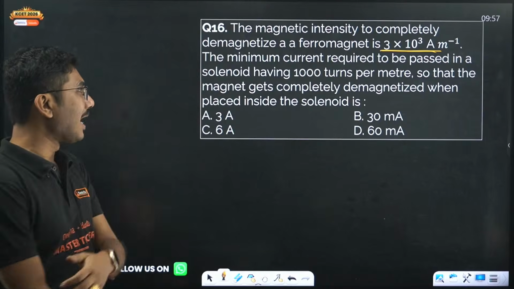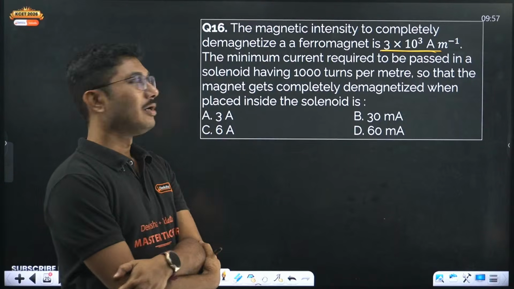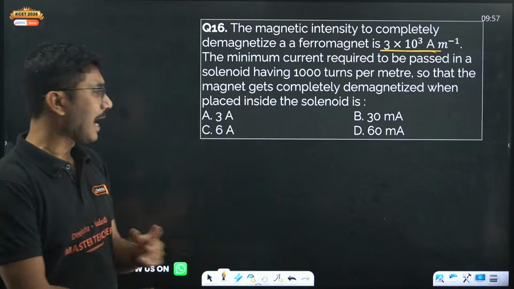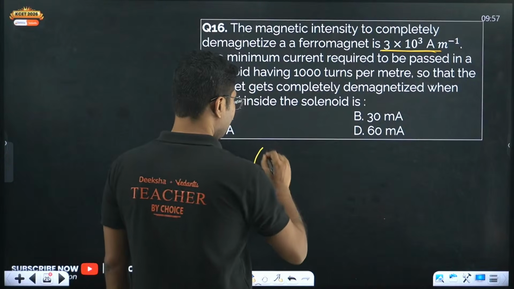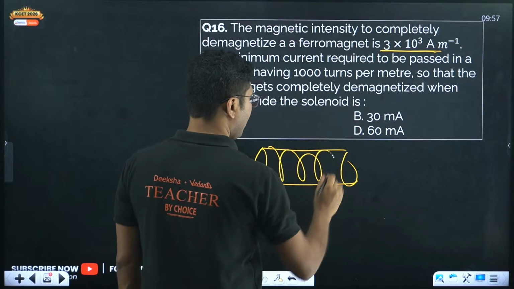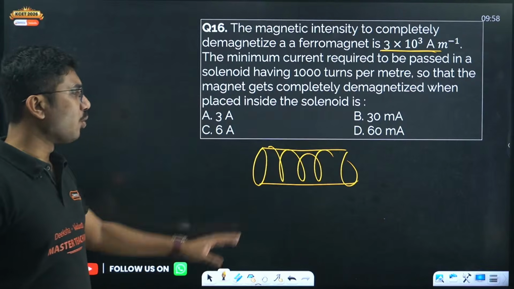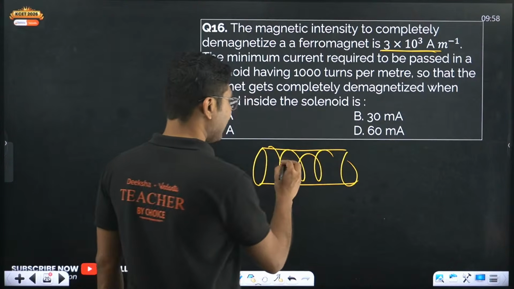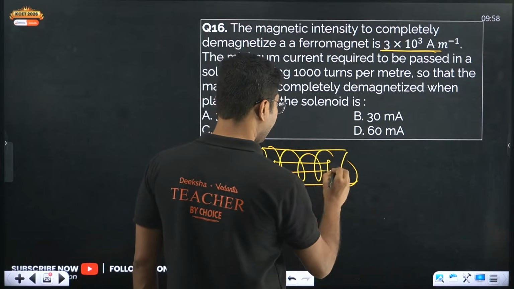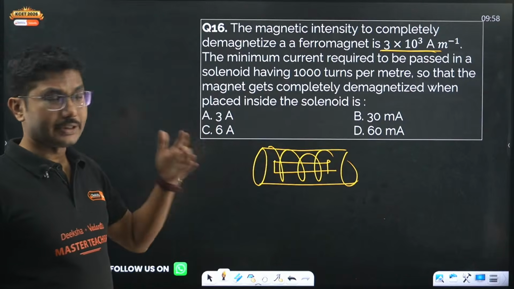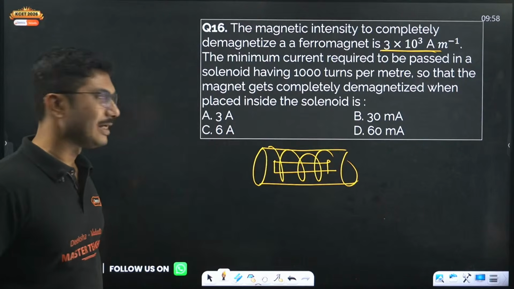You are given a solenoid with some number of turns inside it. They ask at what current level you can demagnetize the magnet if you place it inside the solenoid and pass a current in the opposite direction to reduce its magnetization. So how much current do you require?